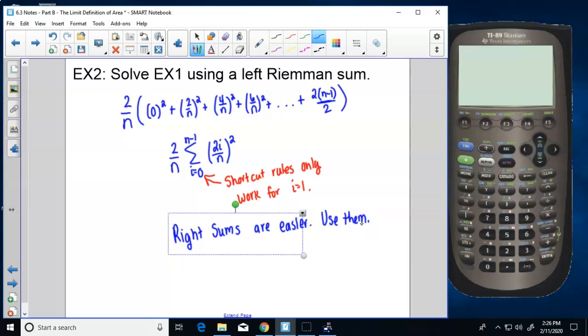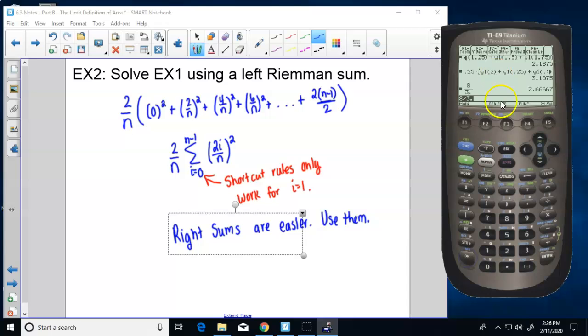Left sums can be done, but we don't have shortcut rules for this, so I think we could do it in the calculator. Let's see if the calculator will do it for us. You could do the limit of 2 over x times the sum of 2x.